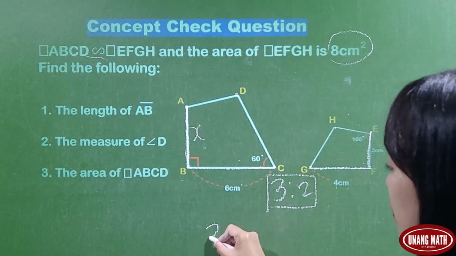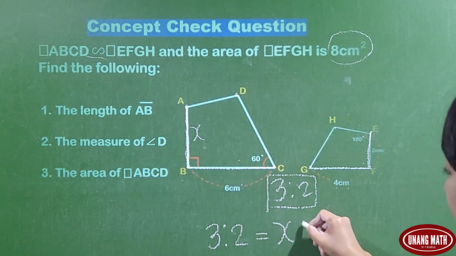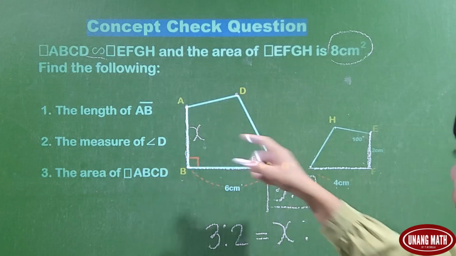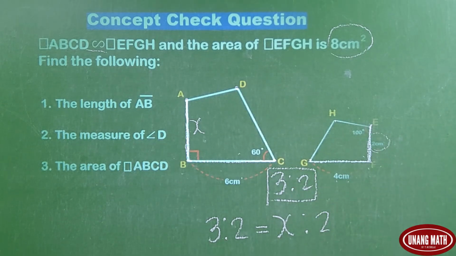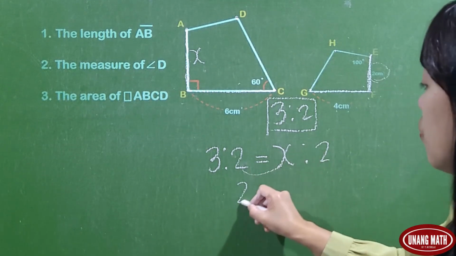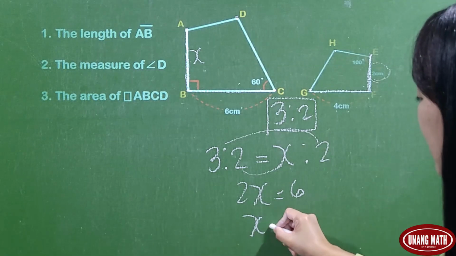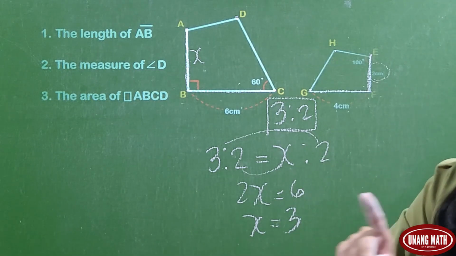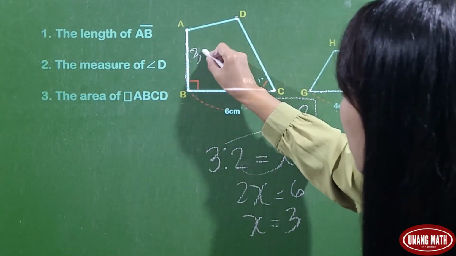The ratio is 3 is to 2, so this is equal to x is to 2. This side corresponds to this side, and it's given that this is 2 centimeters. So x is to 2, so this is 2x is equal to 6. So x is 3, and this side is 3 centimeters.